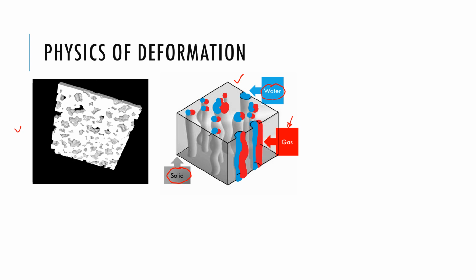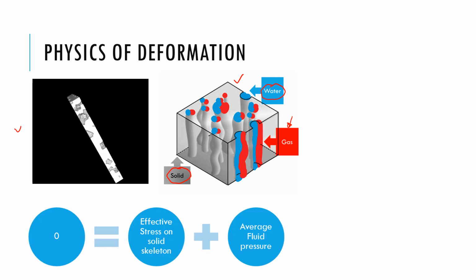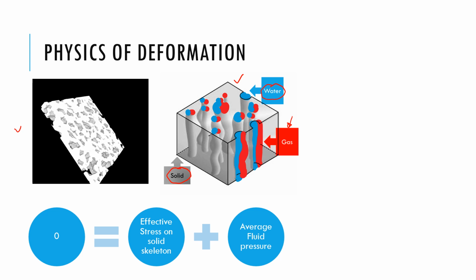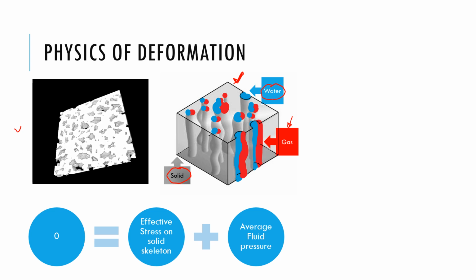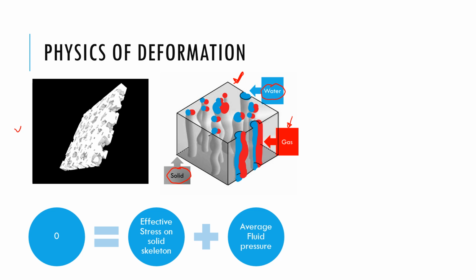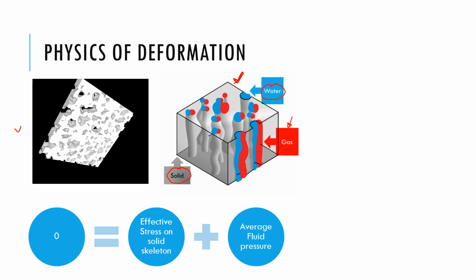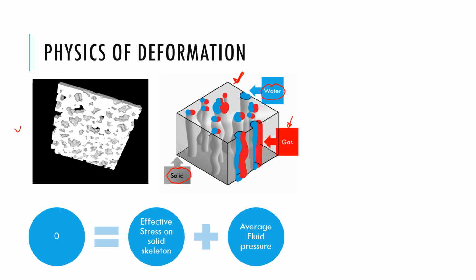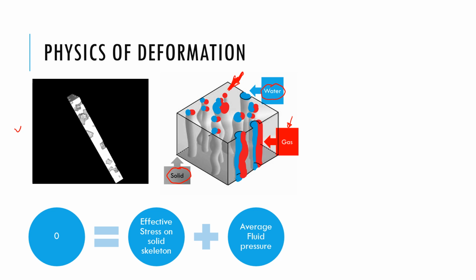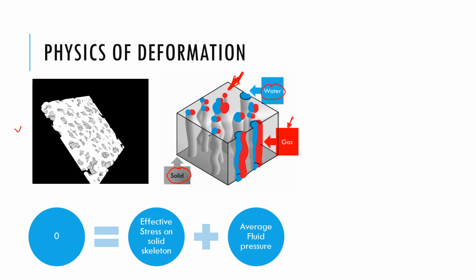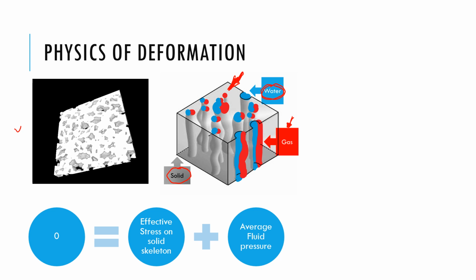So the equation of equilibrium goes something like this: the total applied stress on the solid as a whole, the entire rice grain, is shared between the stress on the solid skeleton and the average fluid pressure. So fluid pressure is pressure felt by water and gas.